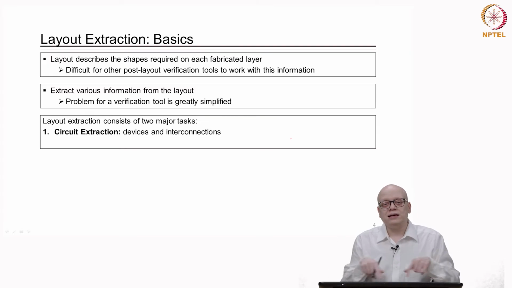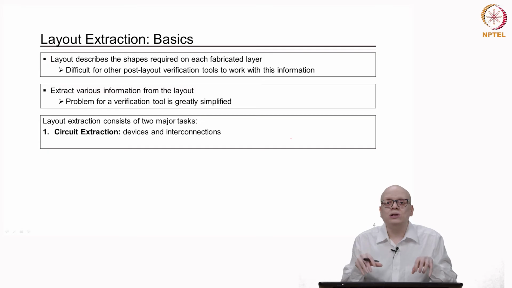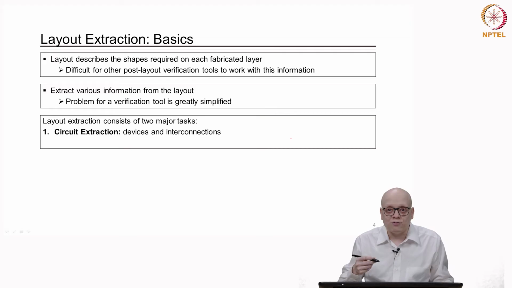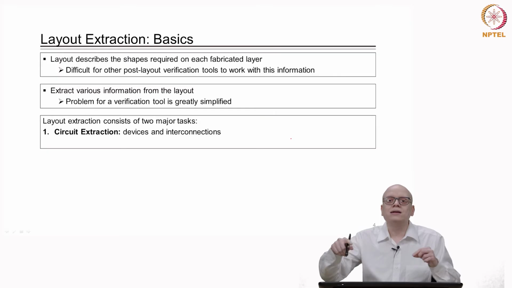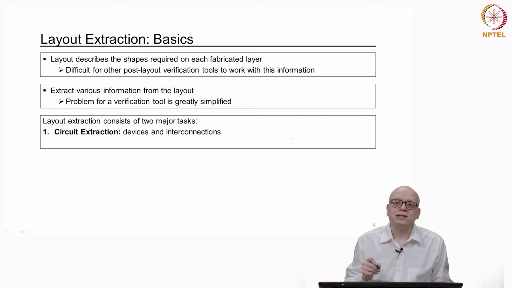The layout consists of polygons, and the extraction tool will first extract various kinds of devices, meaning transistors and other things that we intended to create on the layout, and the interconnections, meaning the nets that we created during detailed routing, or the power grid or the clock mesh that we created and so on.